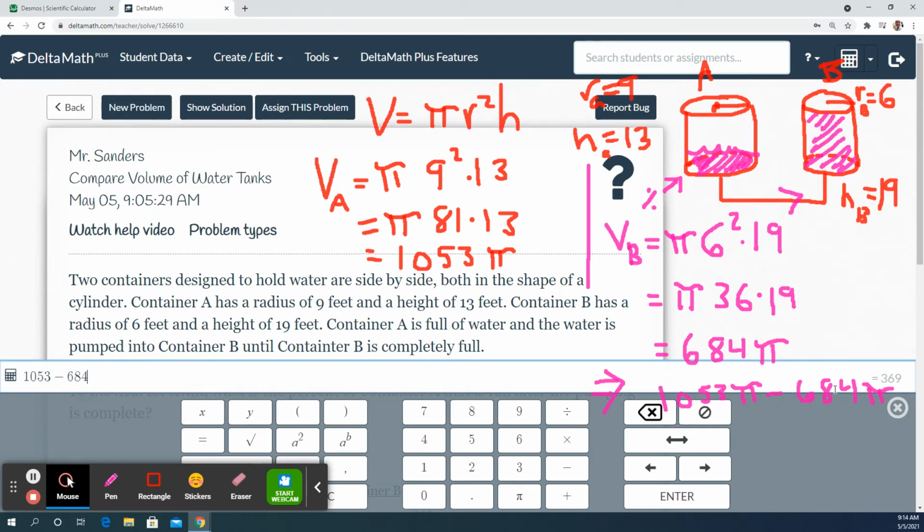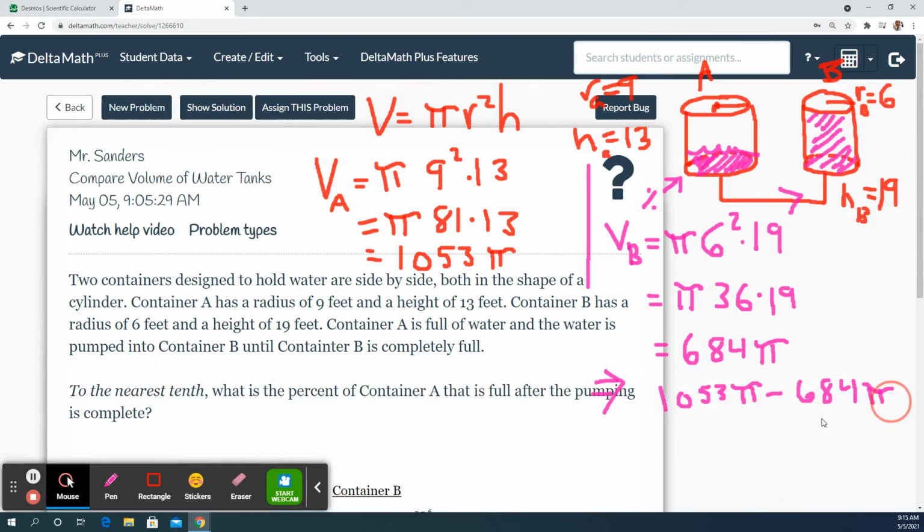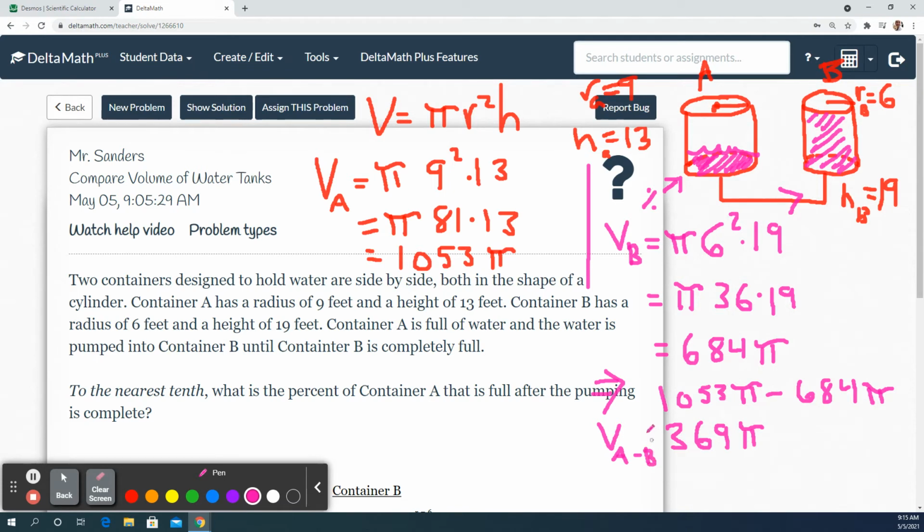These are both in terms of pi, so we're basically combining like terms. 1053 minus 684 is 369. So this is 369 pi for our volume of the A tank minus the B tank. That's how much water is left in tank A: 369 pi units cubed.